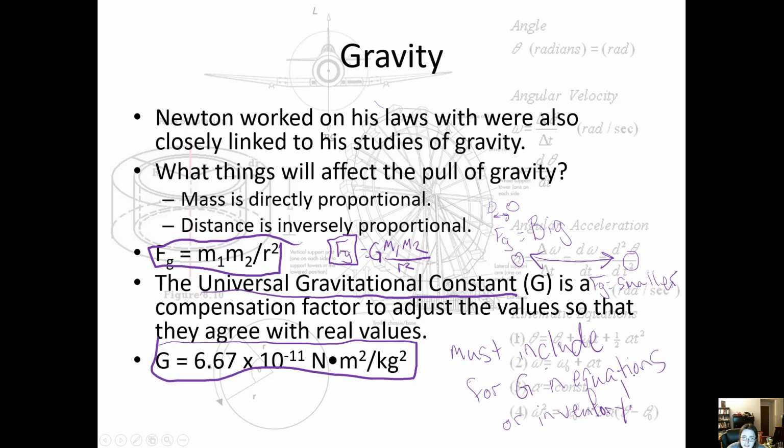Okay? This is on page 1 of your reference table. So it's listed for you. You don't have to remember it.